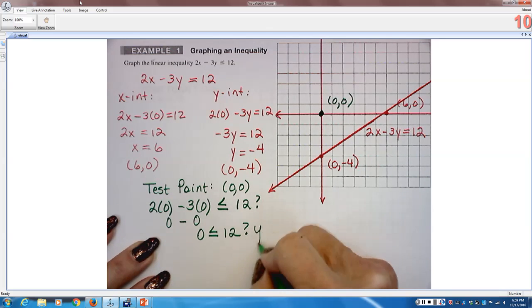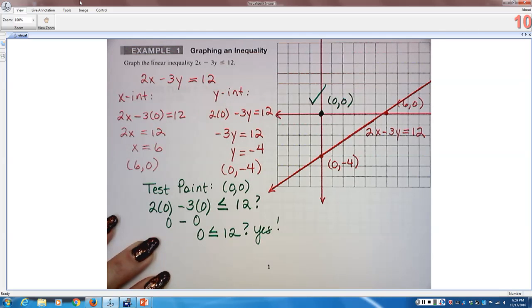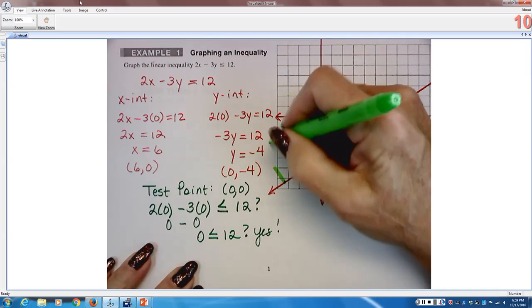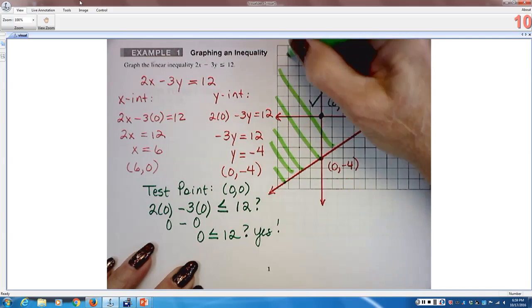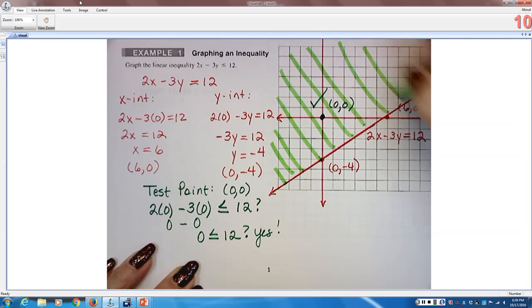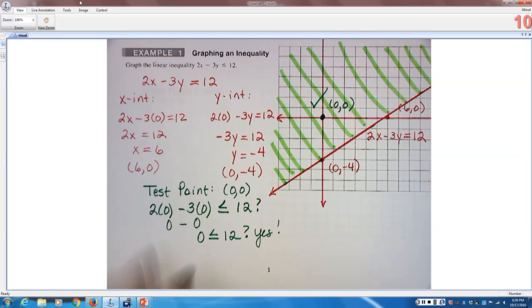Yes. That is a solution. Therefore, because that one is a solution, everything on this side of that line, every single point, is a solution.